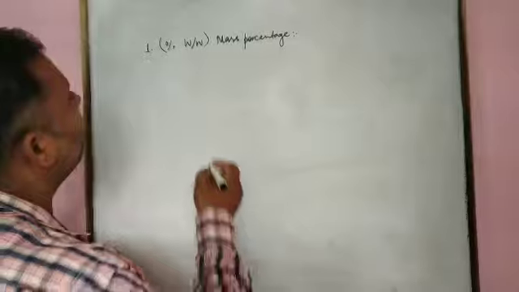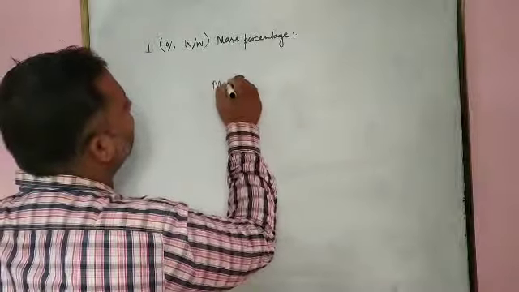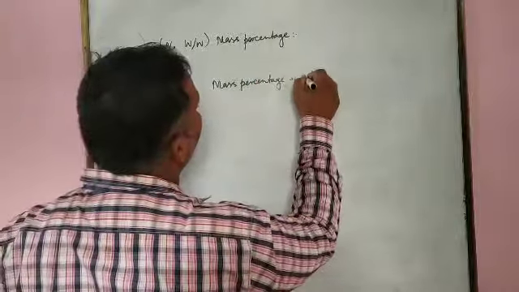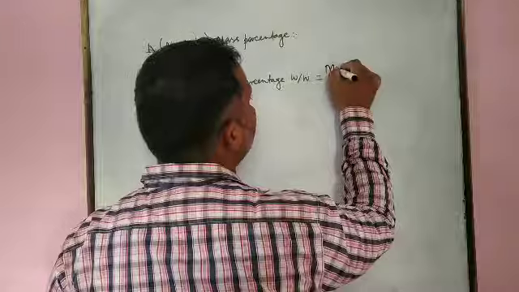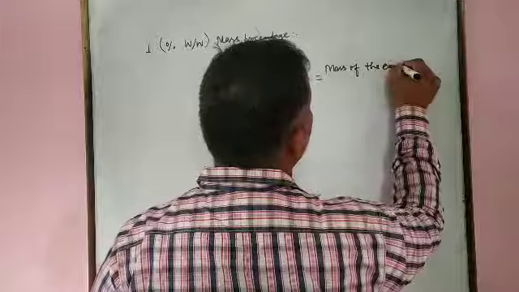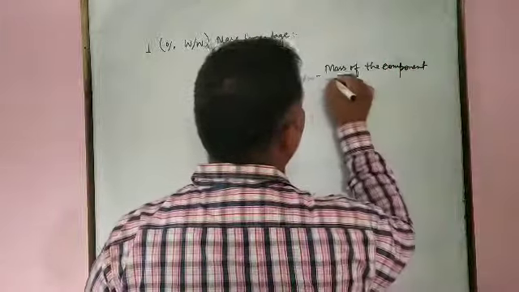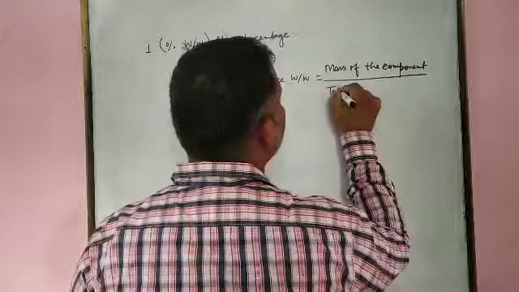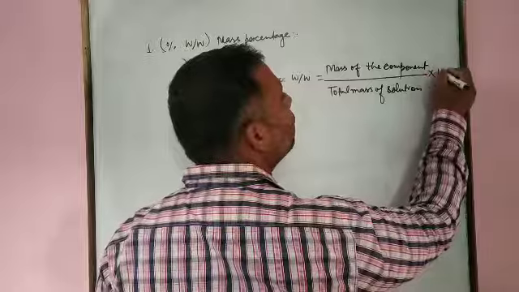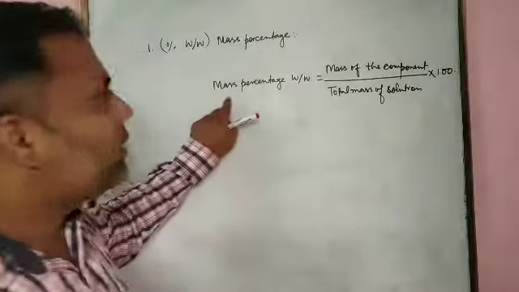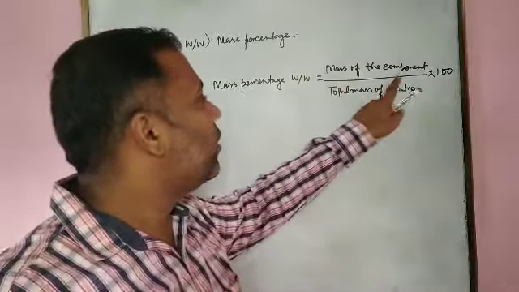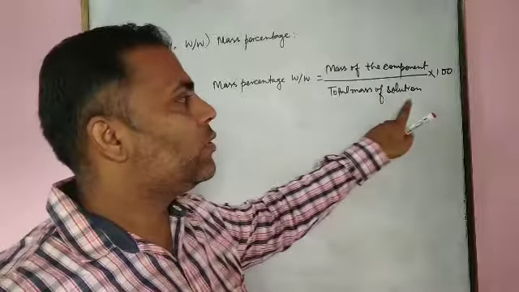What we have? Mass percentage W by W is equal to mass of the component by total mass of solution into 100. This is termed as mass percentage.